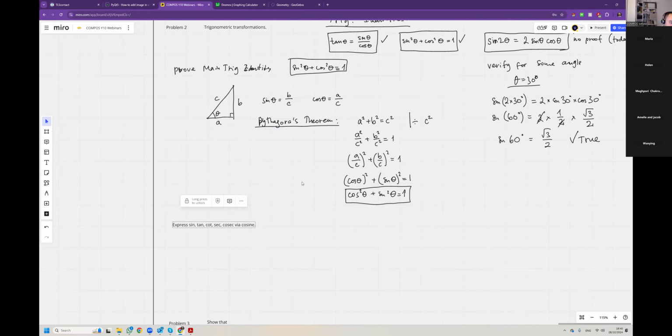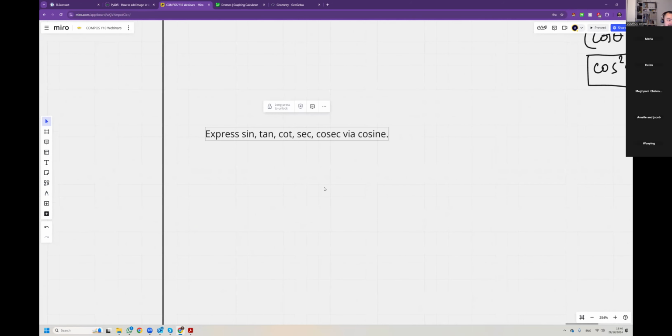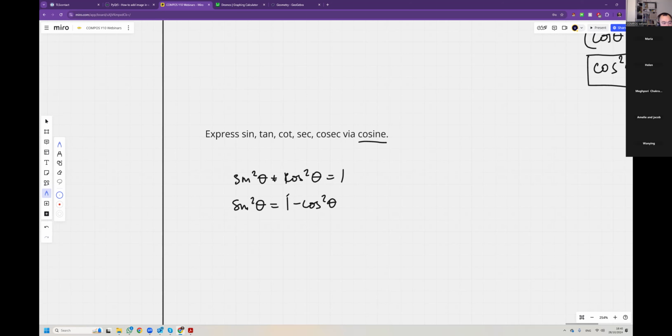So let's do that. To find sine in terms of cosine, we can use sine squared theta plus cos squared theta equals 1. That means sine squared theta equals 1 minus cos squared theta. This is usually where I stop because I have expressed sine in terms of cosine, except I expressed sine squared. Why I don't like expressing sine is because then sine theta is plus or minus, so there is an uncertainty.